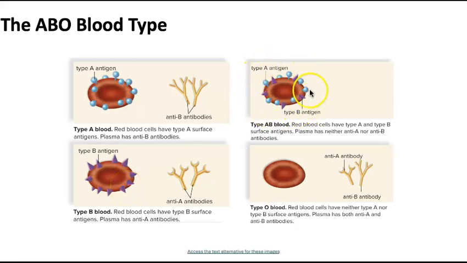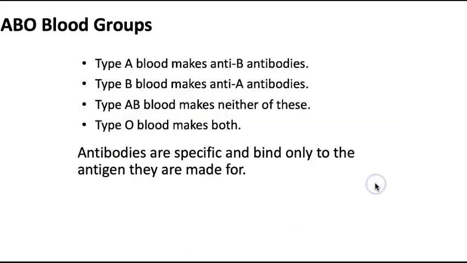Now, this person has AB blood type and has both A and B antigens, so they're going to create no antibodies, because if they were to have any of these, then they would attack their own red blood cell. Type O blood doesn't have any antigens, and so their bodies are going to create both anti-A and anti-B antibodies. And this is just in text form of what I described on the previous slide.